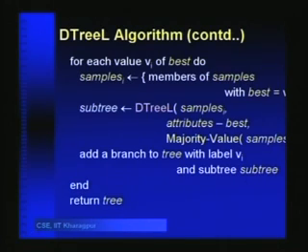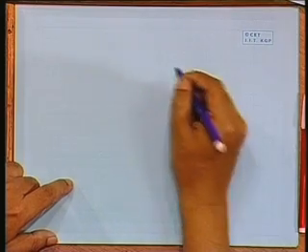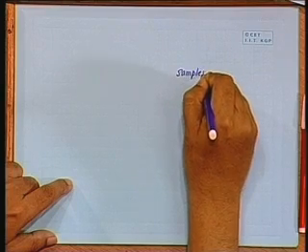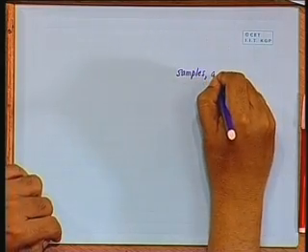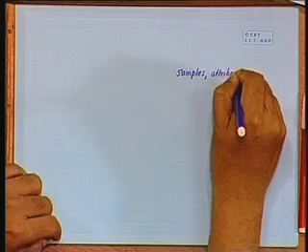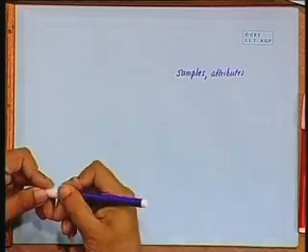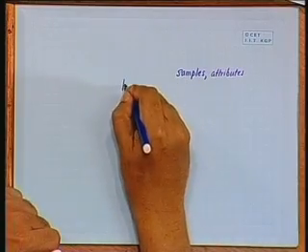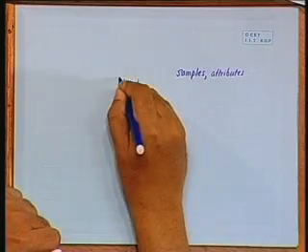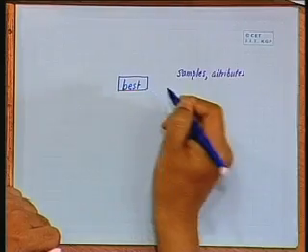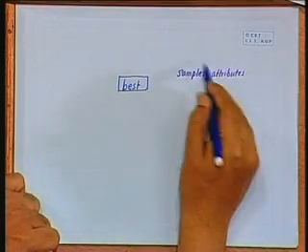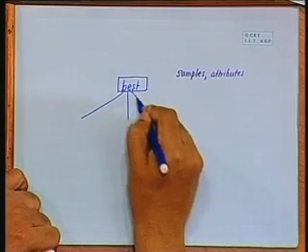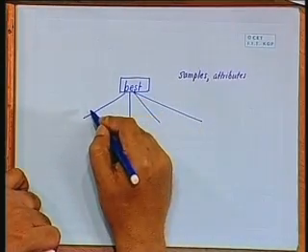Okay. We started at every level with a set of samples, which we are calling samples, right, and a set of attributes. Then from this attribute set we chose one which is called best, right, and then we took this sample set and split it up depending on the values that this best can take.